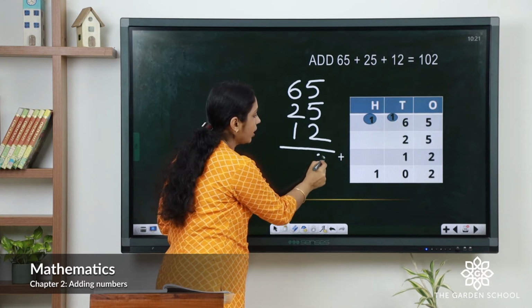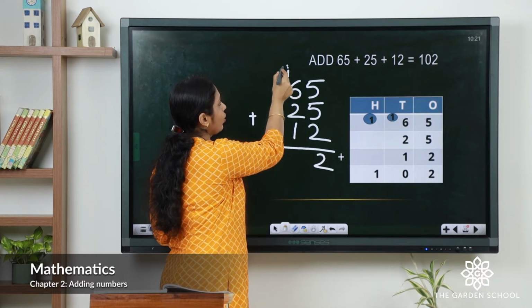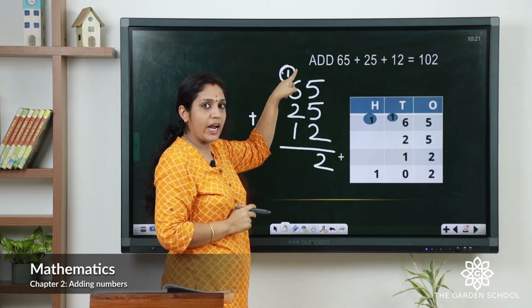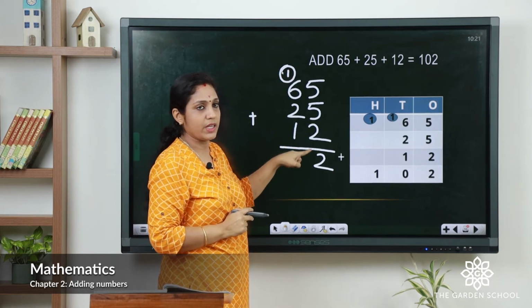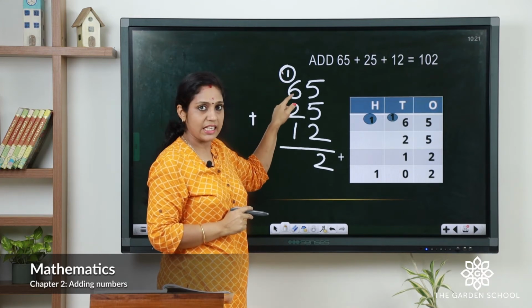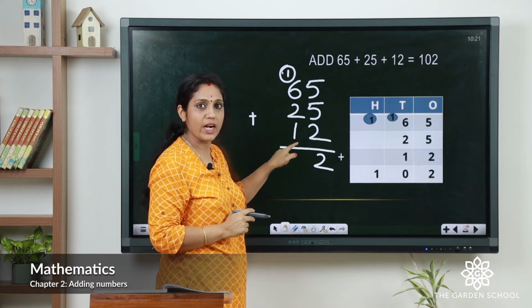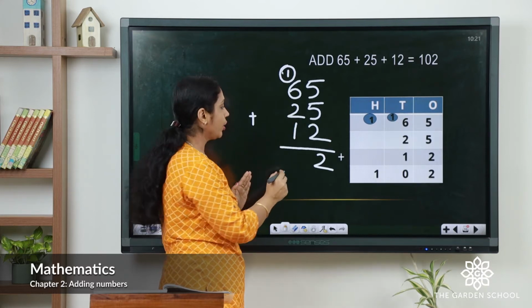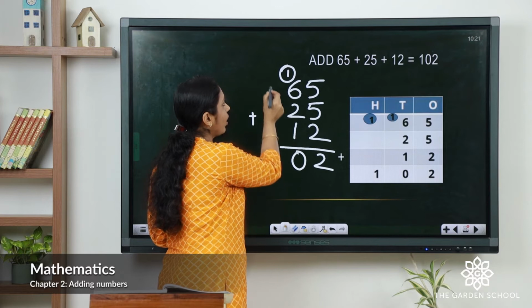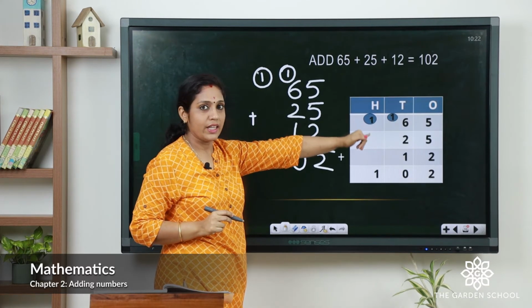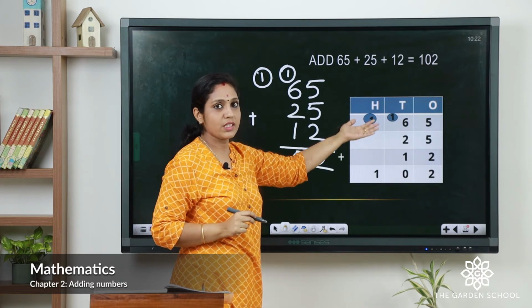Write 2 here and 1 we are carrying it over to the tens place. Now, we have to calculate this one when we are adding the numbers in the tens place. So, 1 plus 6, 7. 7 plus 2, 9 and 9 plus 1 is 10. Here what we are going to do? Write 0 here and the 1 we are again carrying it over to the hundreds place. Then here there are no other numbers in the hundreds place.